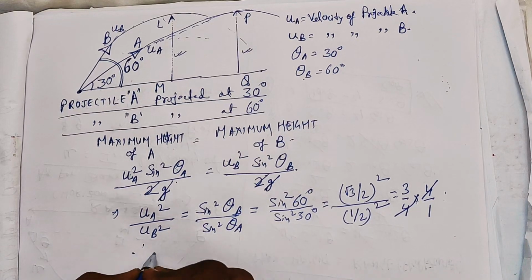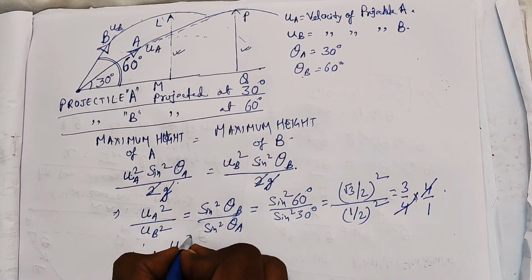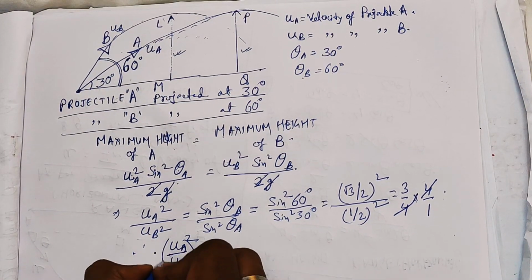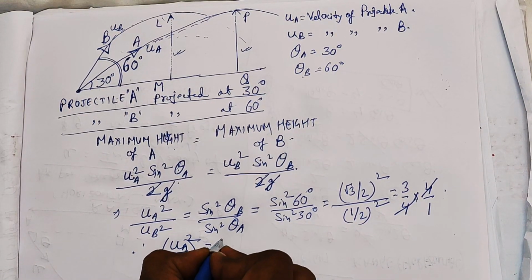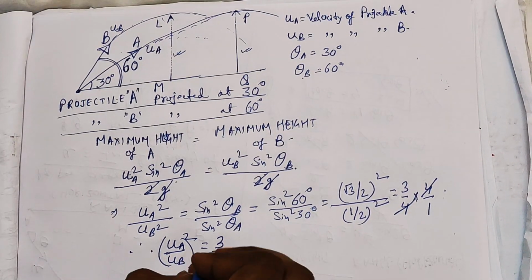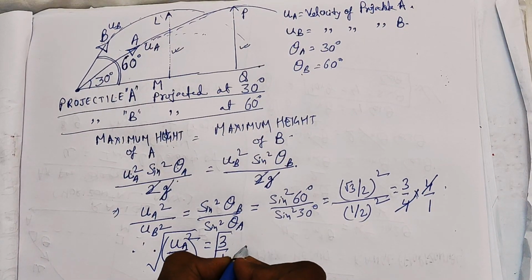Now take the square root of both sides of the equation, since (uA by uB) whole square is equal to 3 by 1. Applying a square root on both sides of the equation in this way, what will come out in the LHS?